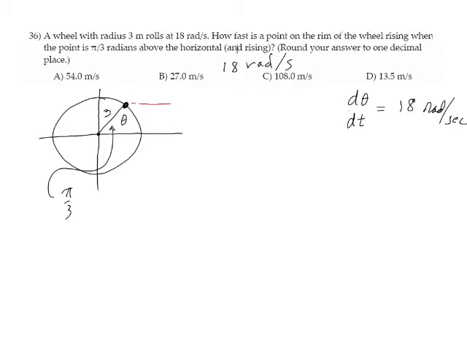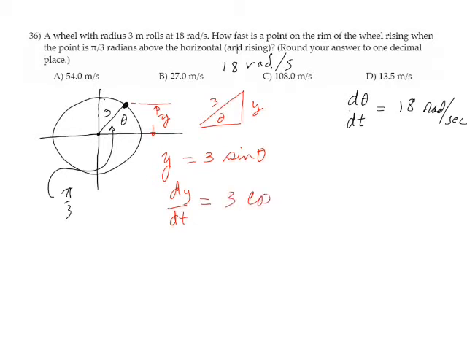Well, we can call this y, and this is just an old unit circle problem, except it's not a unit circle, it's a radius of 3. We can write down that y is equal to 3 sine of theta. Notice this is y, this is 3, this is theta. So y is equal to 3 sine theta, so dy/dt, the amount that the point on the rim is rising, would be 3 cosine of theta, d theta/dt.